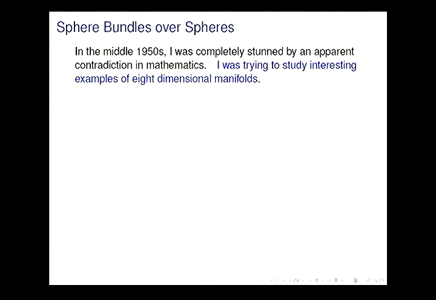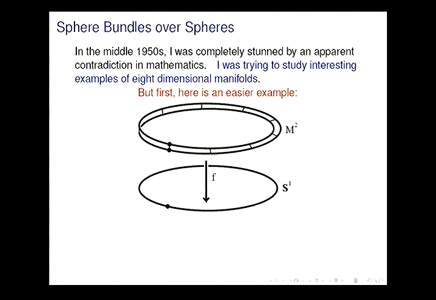And I got into a quandary because I seemed to be able to prove something which couldn't possibly be true. Well, dimension 8 is a little hard to visualize, so let me start by describing an easier example. So here we have a Möbius band, which means it's a one-sided surface.